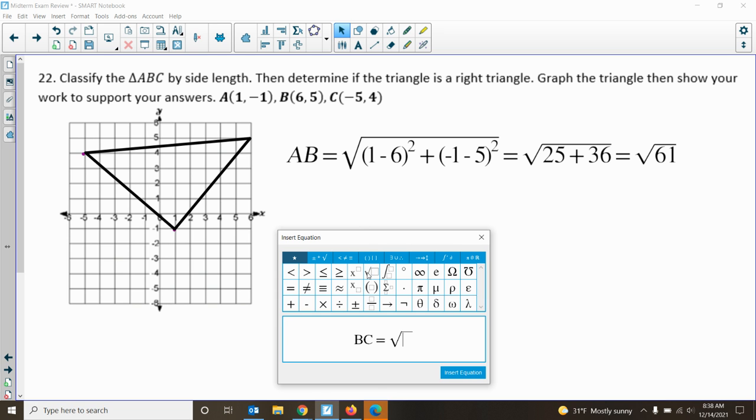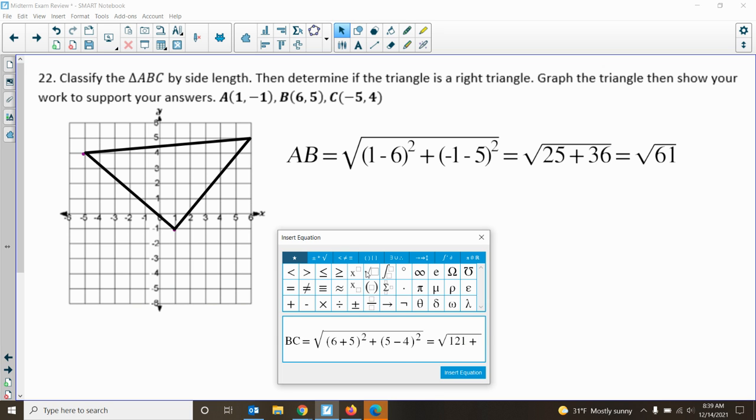Let's find BC. Again, distance formula. 6 minus negative 5, that's going to be 6 plus 5, squared, plus 5 minus 4 squared. Let's see, 6 plus 5 is 11, squared is 121.